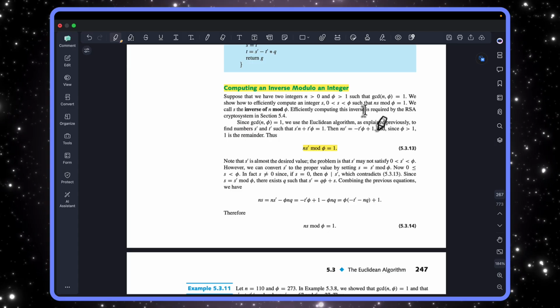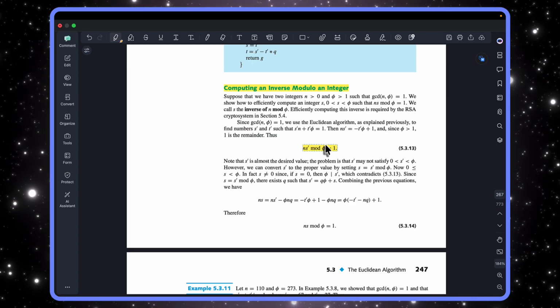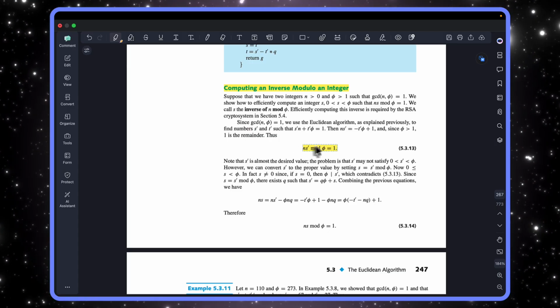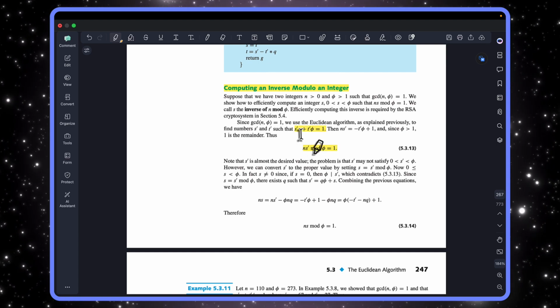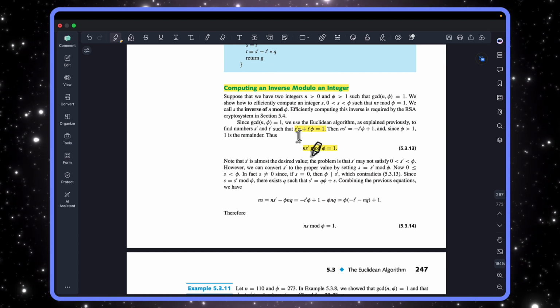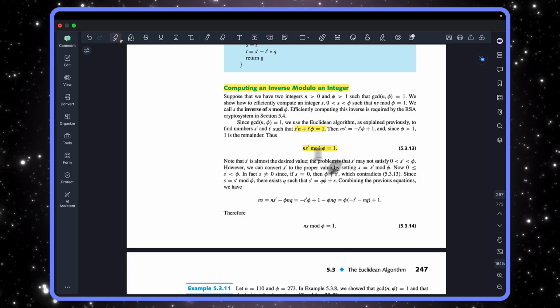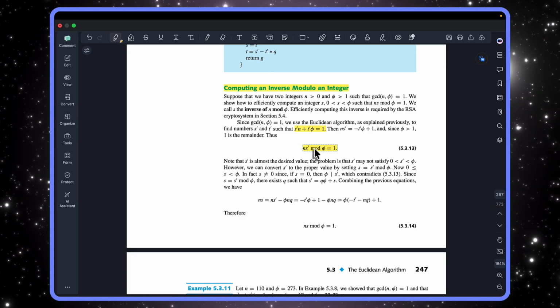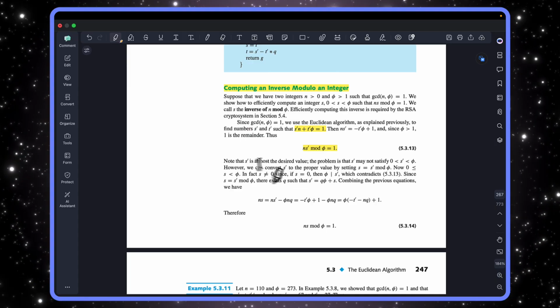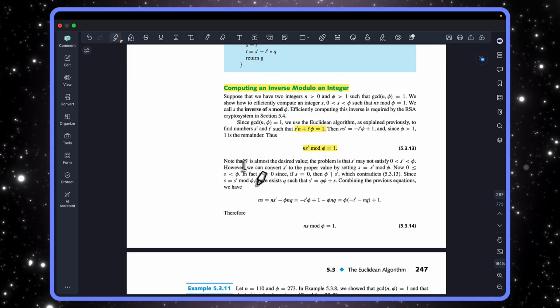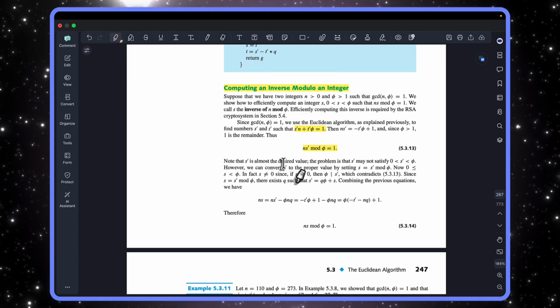We noticed before what we just did in the algorithm. We can find an s prime from this equation, such that n times s prime mod phi is 1. But the problem is that s prime might be too large.